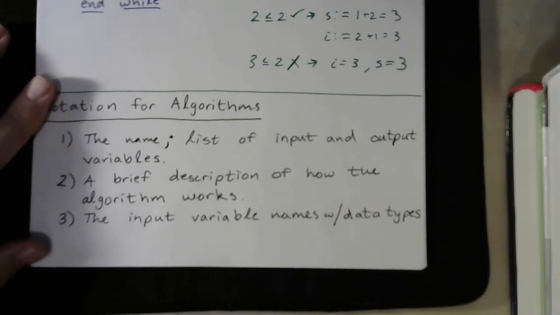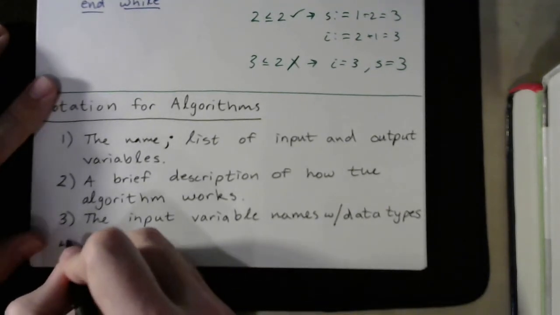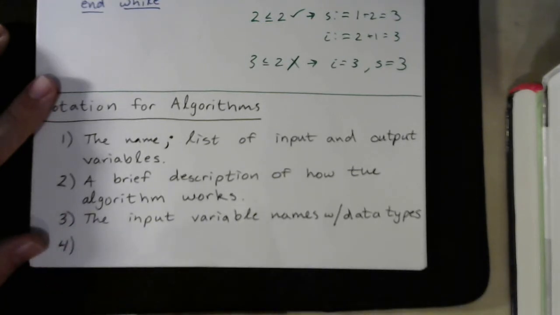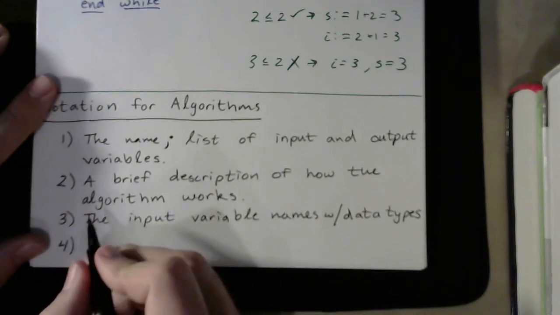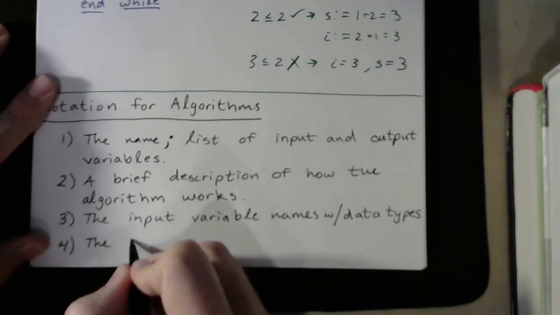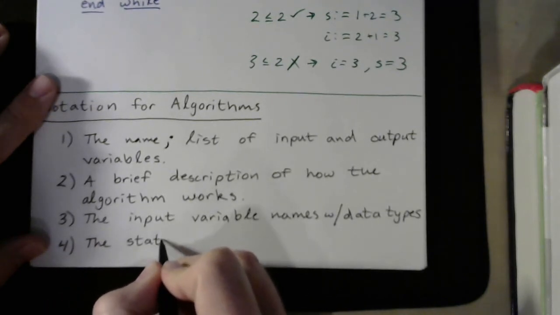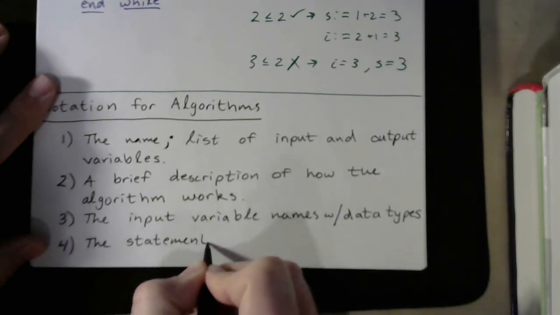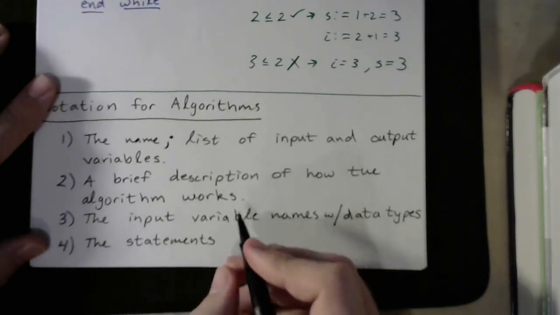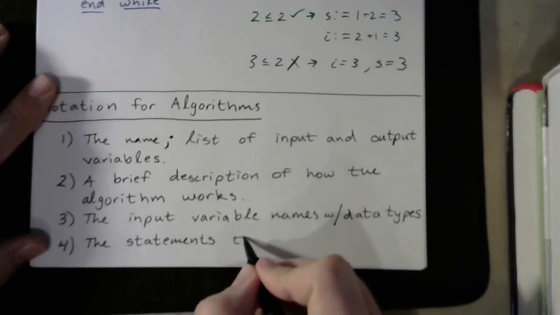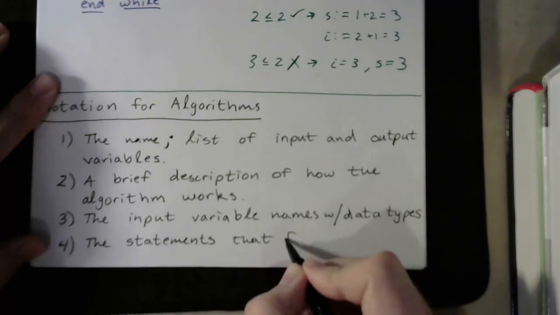Got to know, are we working with real numbers, integers, rationals, all that good stuff. The 4th thing we need is the statements that form the body.